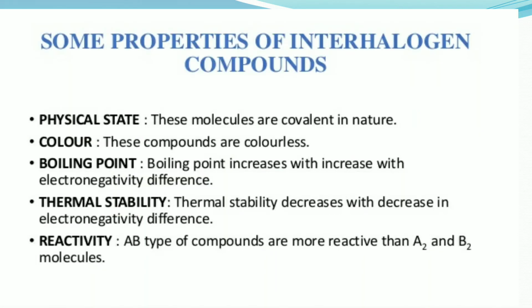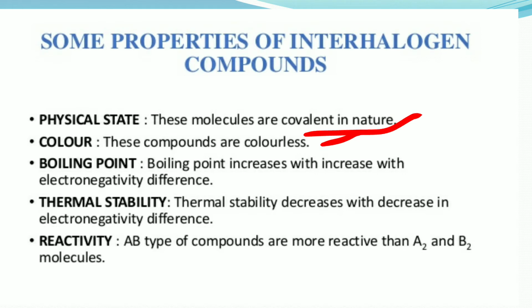Let us learn the properties of interhalogen compounds. Physical state: the molecules are covalent in nature. Color: most of the compounds are colorless. Boiling point increases with increase in electronegativity difference.